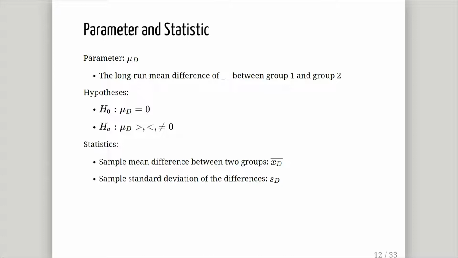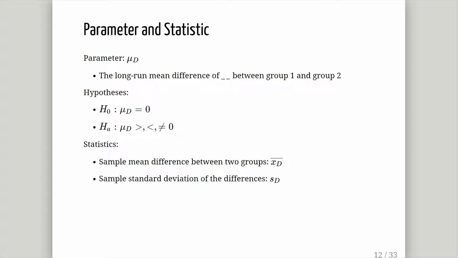We don't know this long run mean difference most of the time. So what we're going to do, we're going to gather a sample of observational units, and we're going to get sample statistics there and hope that our sample statistics will help us make conclusions about the parameter. Sample statistics here is first a sample mean difference.